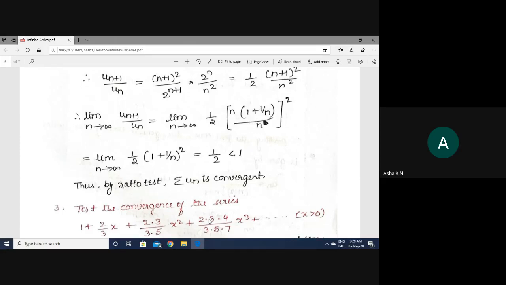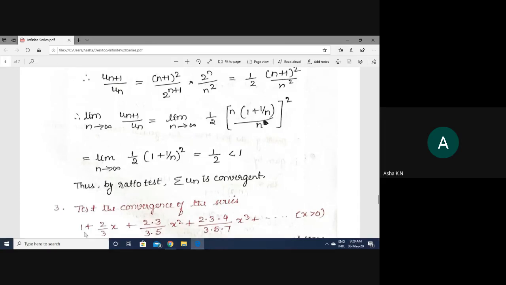Similarly for divergence: if it's divergent before, later also it remains divergent. So whenever we see any series, if we feel that it would have been nice if this term were not there, we can just delete that term. We can leave that term, we can ignore it.